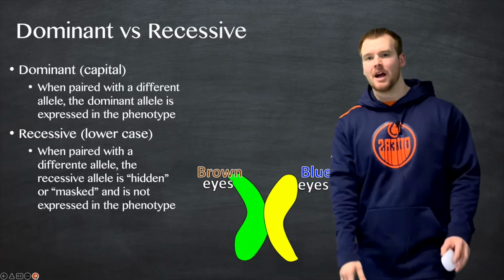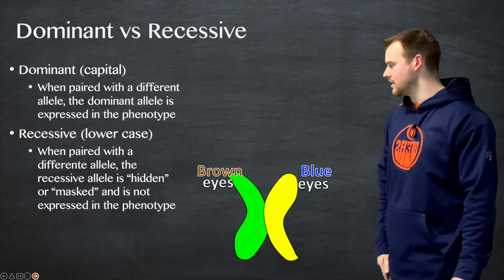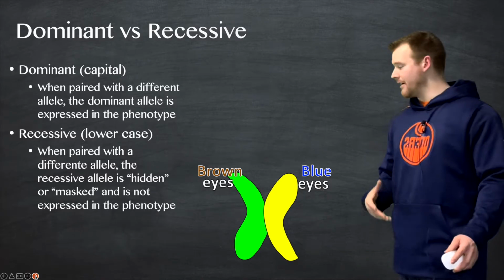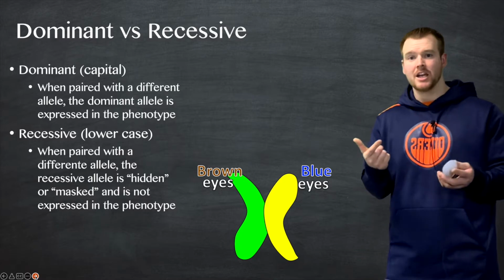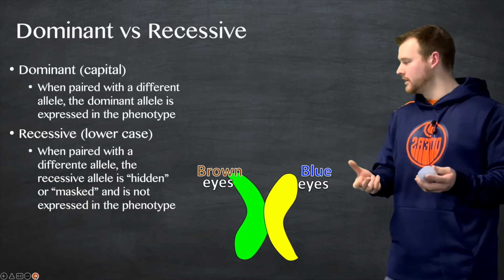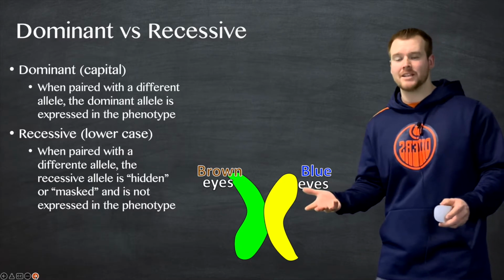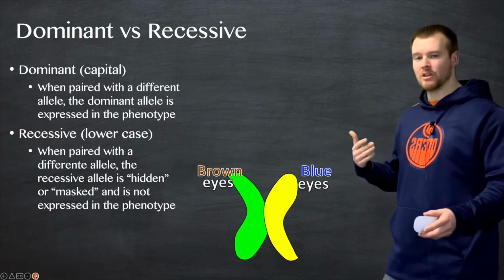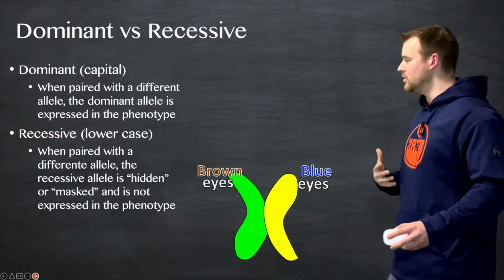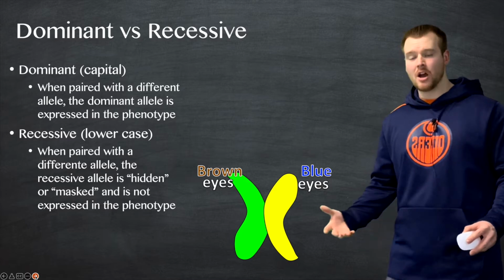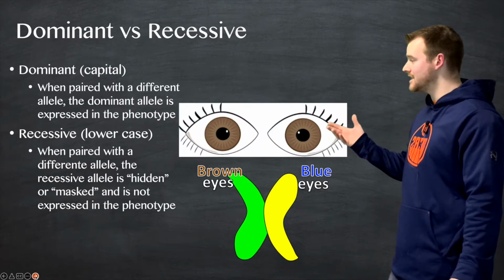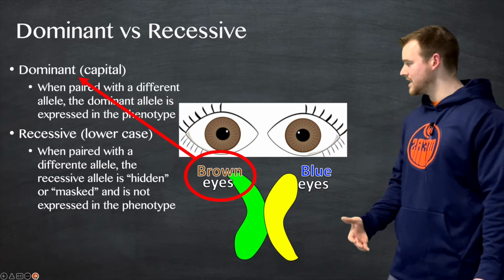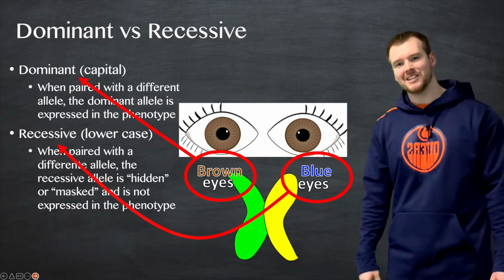So if I put that example up from previously, if we have this homologous pair and you have a brown from your mom and a blue from your dad, you have genes for both of these. So which one are you going to have? You're going to have blue eyes, you're going to have brown eyes. We have those two alleles. So the one that's going to dominate and is going to show as the dominant, the one that we're not going to see is recessive. So if you have brown eyes, then brown would be the dominant and blue would be the recessive.